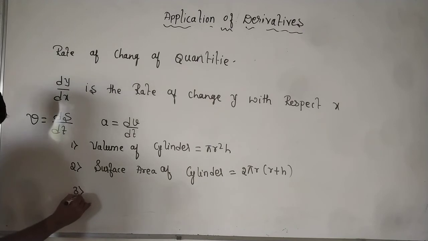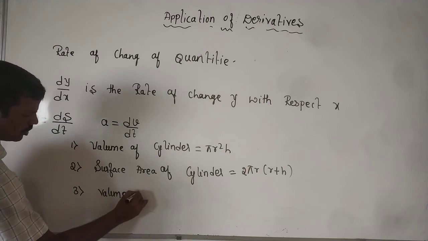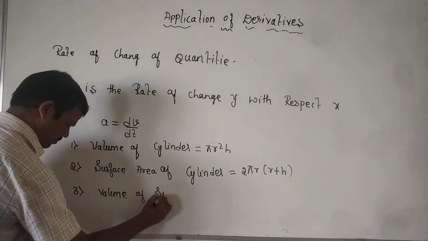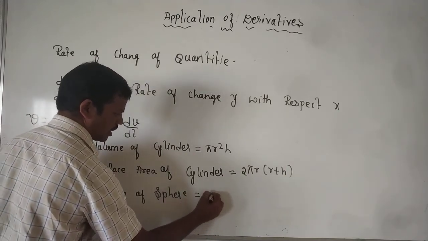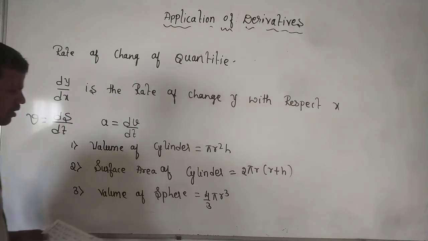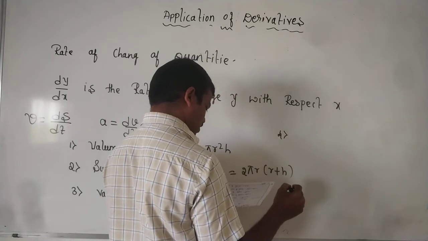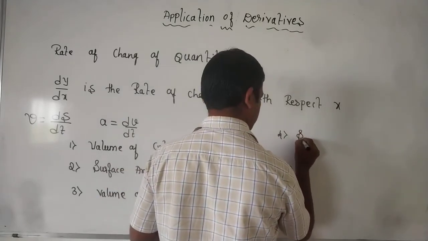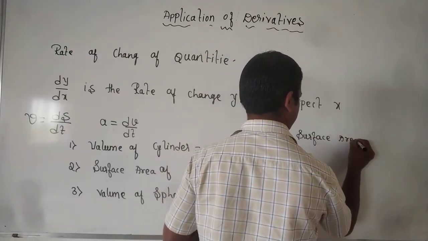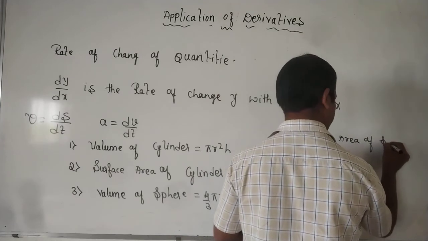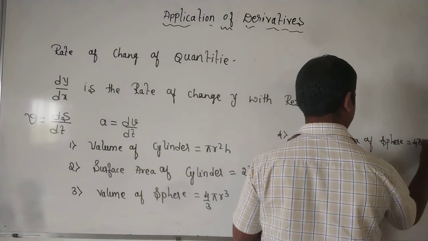So third one, volume of the sphere, very important, is equal to 4 by 3 pi r cube. Next, fourth one, surface area of the sphere is equal to 4 pi r square.